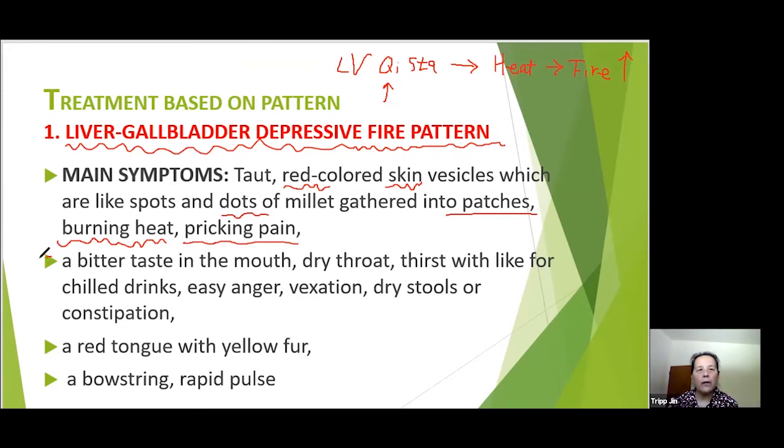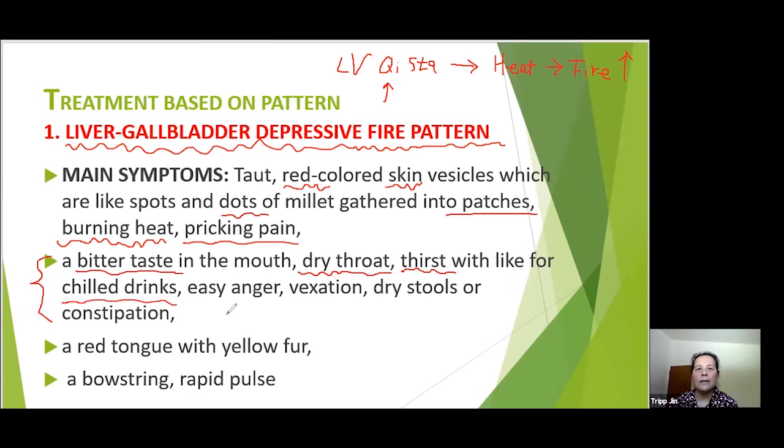And the patient will have some other pattern symptoms. Liver qi stagnation changing to heat and fire causes a bitter taste in the mouth and dry mouth, because heat damages body fluid. And the patient is thirsty and likes to drink cold water.